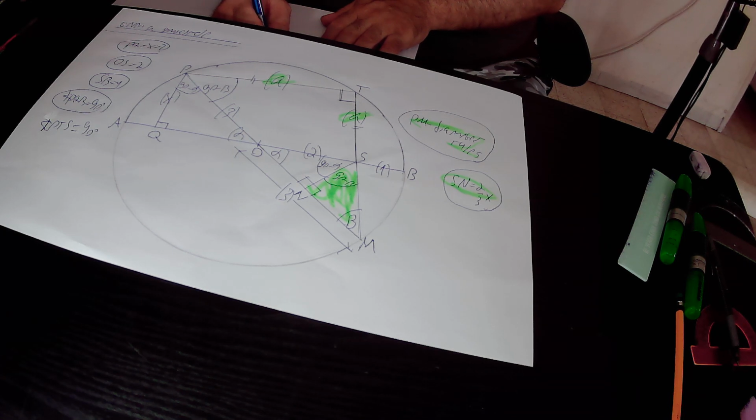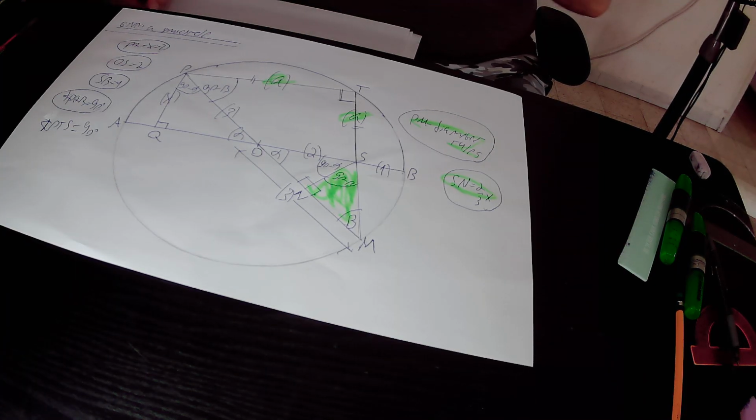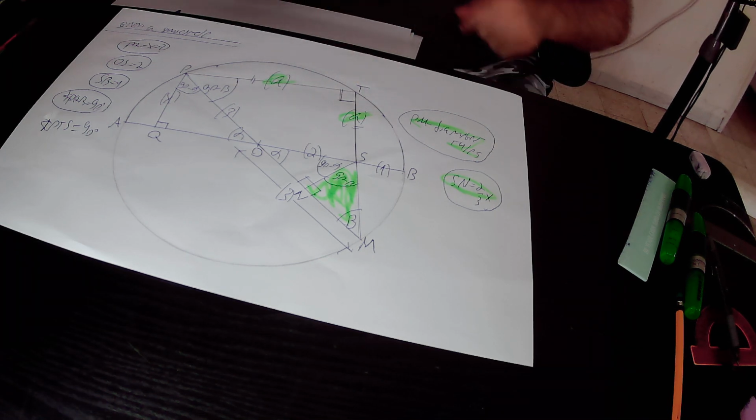that intersects with chord AB at point S. The intersection point occurs at point S, this point.